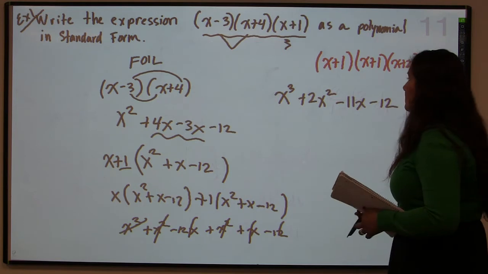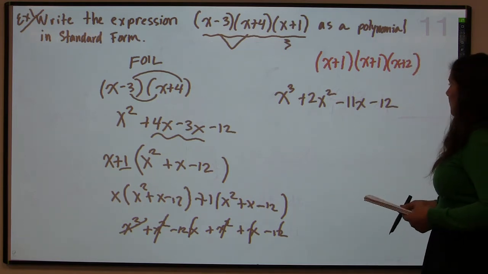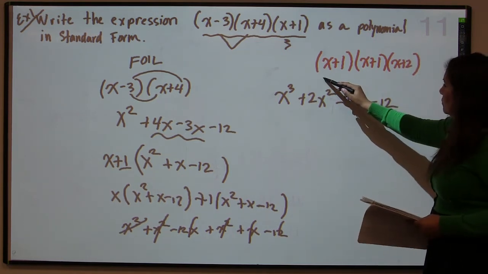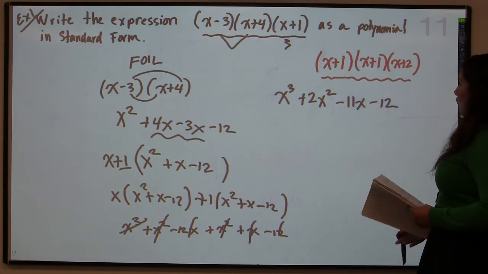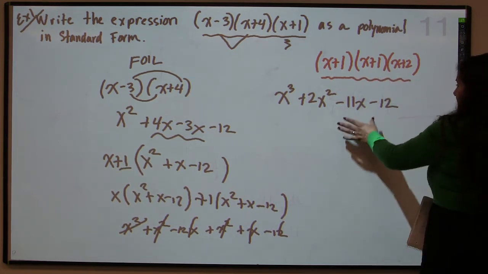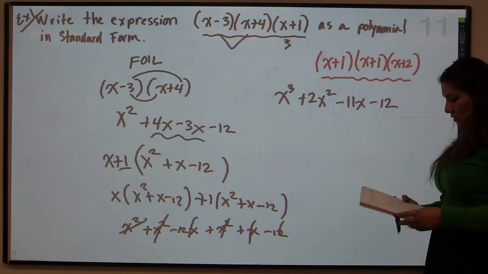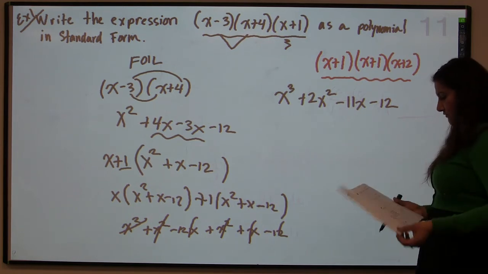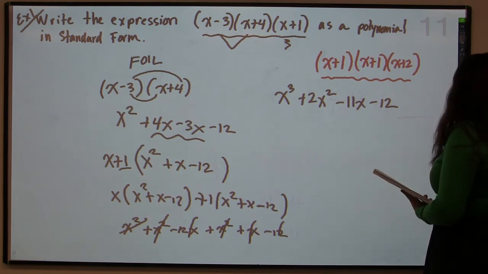So in your notes, to be checked on Wednesday, you're going to want to FOIL that all out like we did here and write it in standard form, and then we'll check it in class. So that's the first example that you have to do.